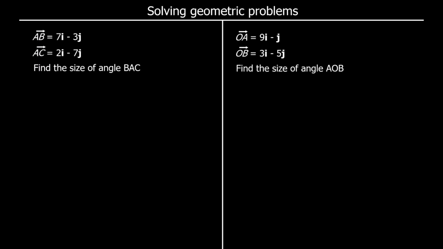I'm going to have a go at the same question, doing it a different way. So AB was 7i minus 3j, and AC was 2i minus 7j.